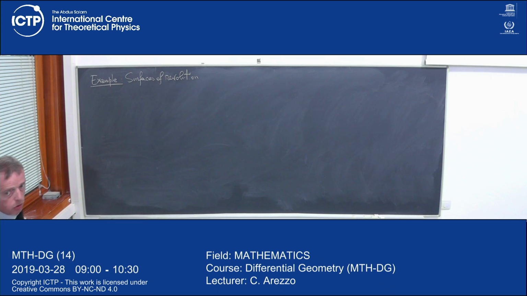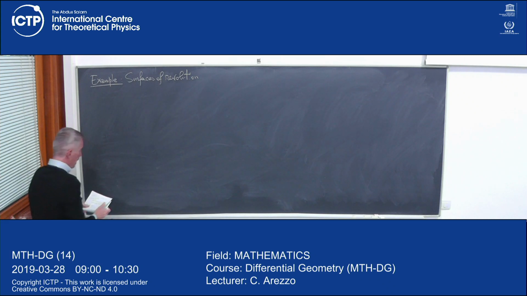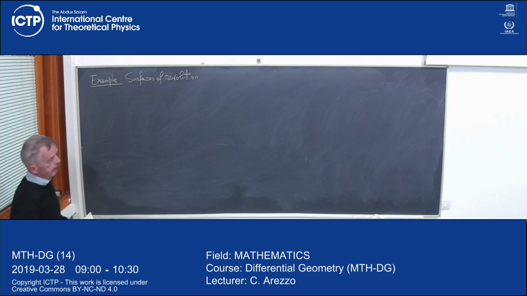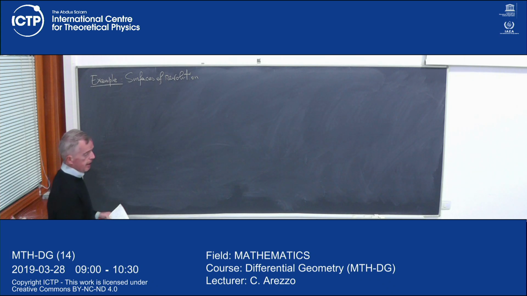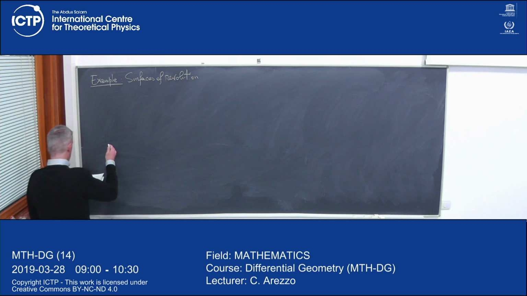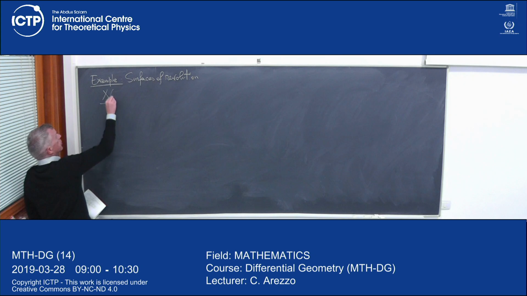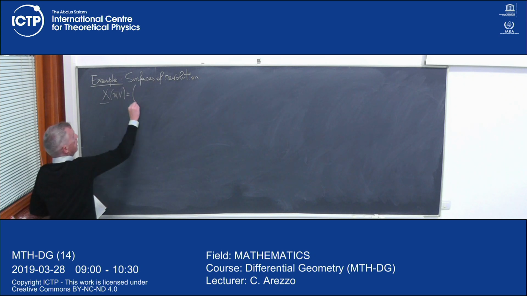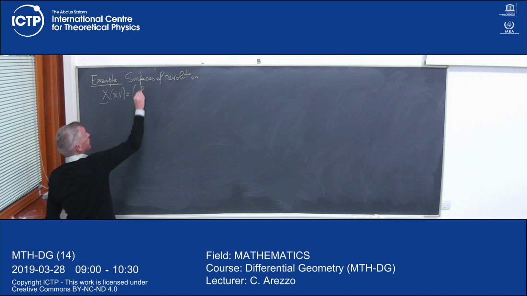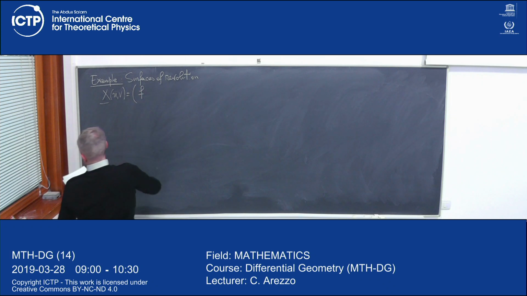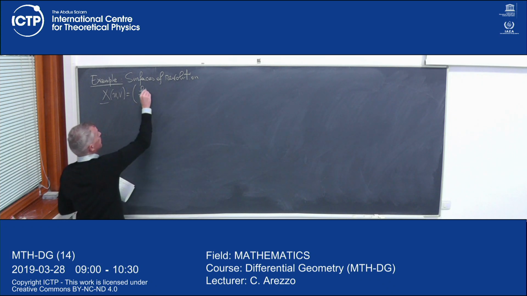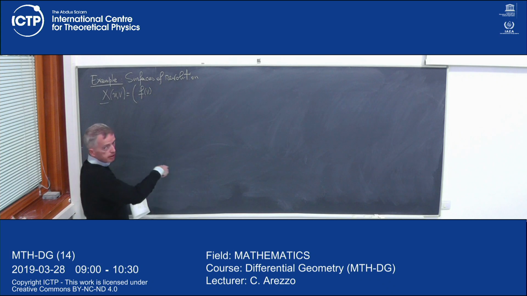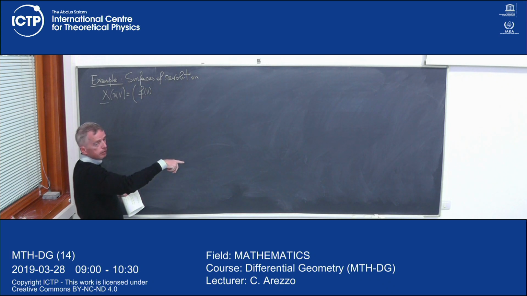So first of all, what do I mean by a surface of revolution? Contrary to the case of the tractrix I just said, usually one decides to rotate along the z-axis. So let's look at surfaces which are parameterized in the following way, for which there are two functions that I call f of v. We called u the parameter on the tractrix, and v.